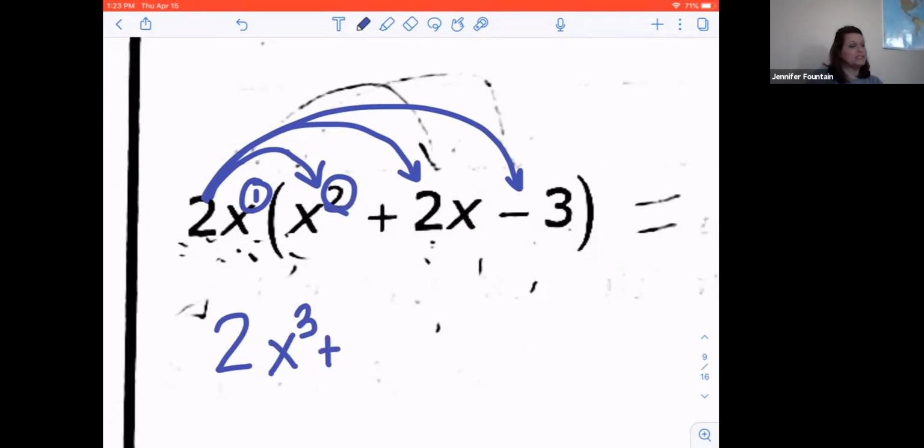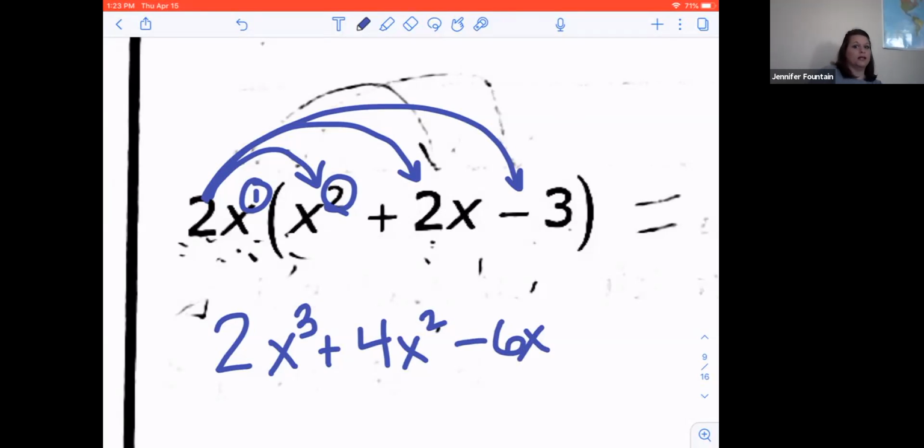Now I have 2x times 2x. What is 2 times 2? 4. And x times x is x squared. 2x times negative 3. 2 times negative 3 is negative 6. And I'm just multiplying by x. So I have 2x cubed plus 4x squared minus 6x.